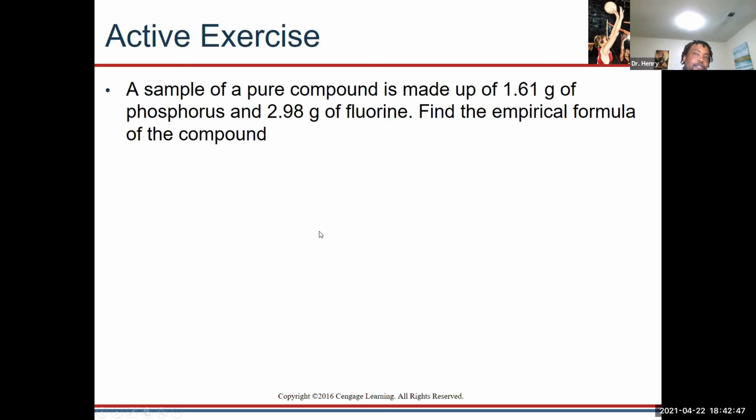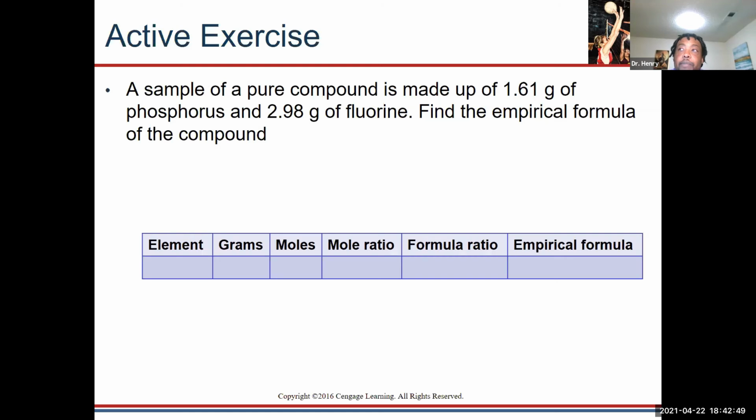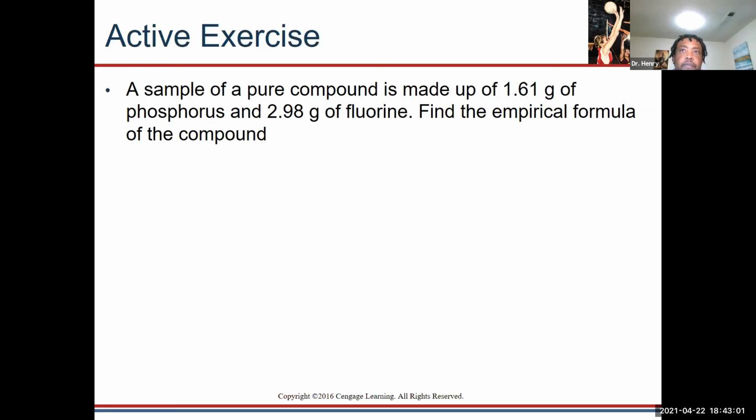Okay, so for instance, a sample of pure compound is made up of 1.61 grams of phosphorus and 2.98 grams of fluorine. Find the empirical formula of the compound. Okay, so in this case, the first thing I want to do, since this is in grams, it's in mass, what do I want to do first?